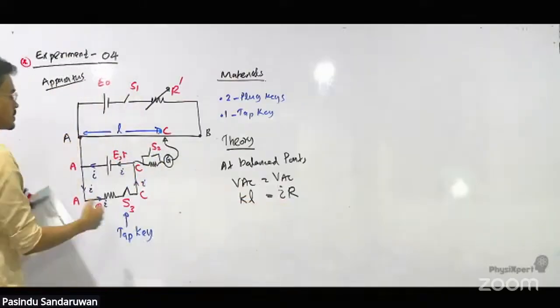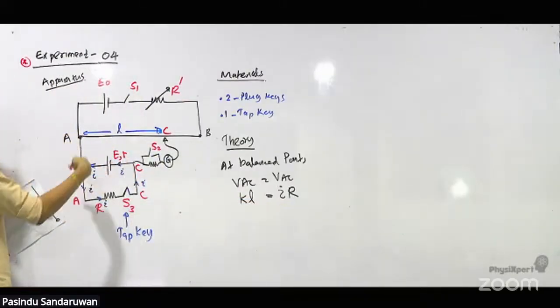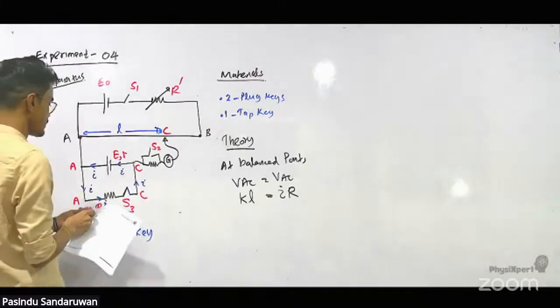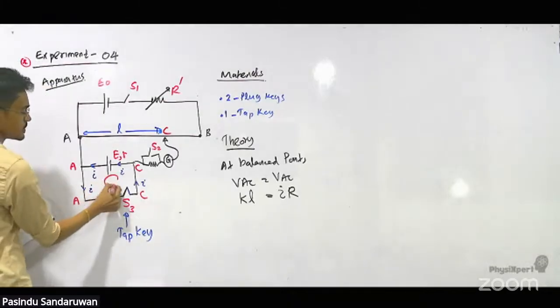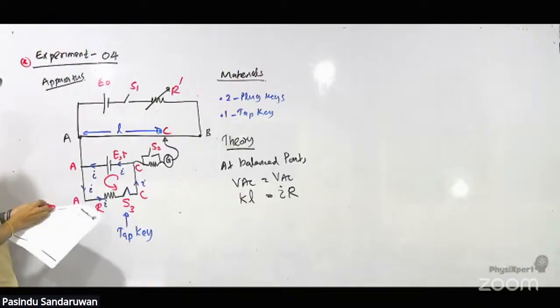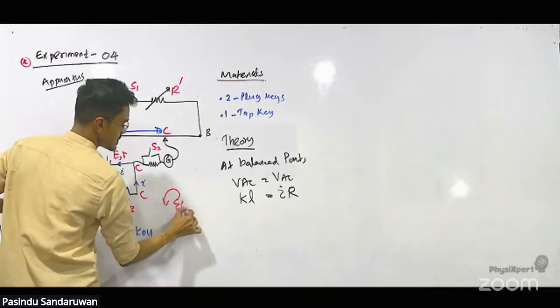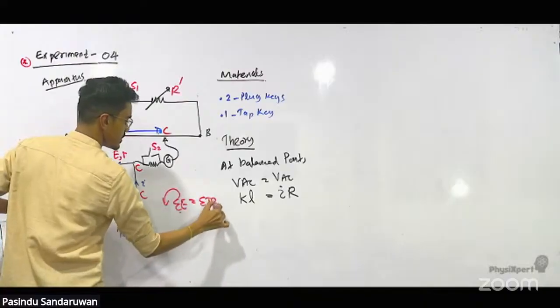This is a closed loop. To find the current in a closed loop, the obvious method is Kirchhoff's law. Apply Kirchhoff's laws for this lower loop. Then sigma E equals sigma IR.